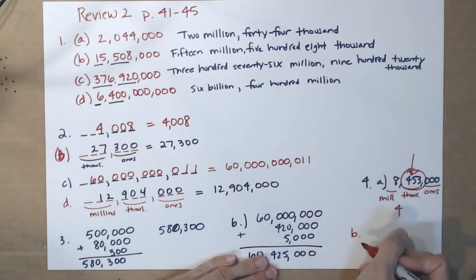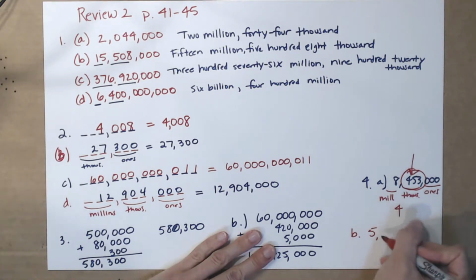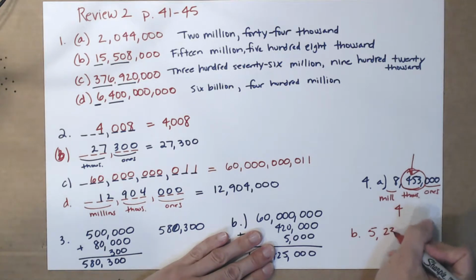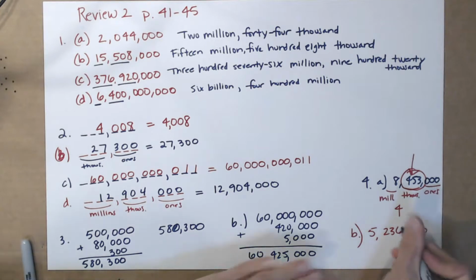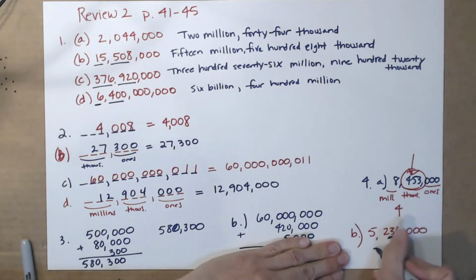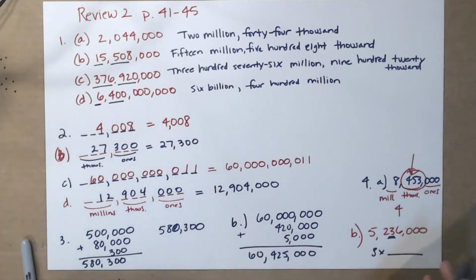And then letter B, we're given another number, 5,236,000. And the digit 3 stands for 3 times what?